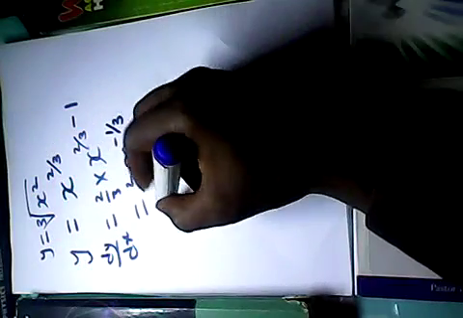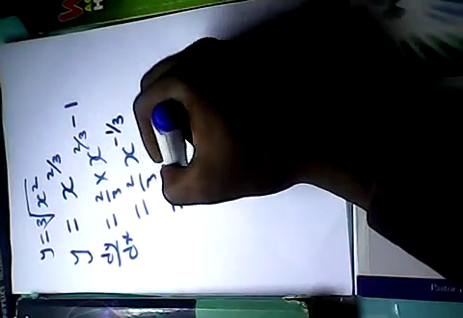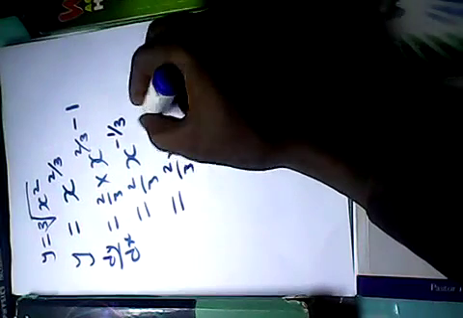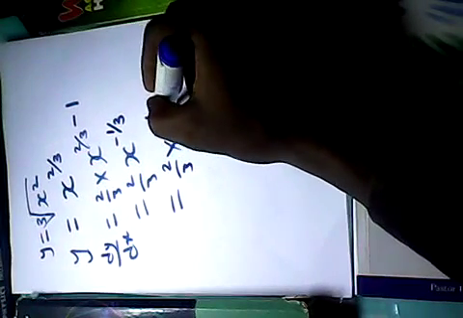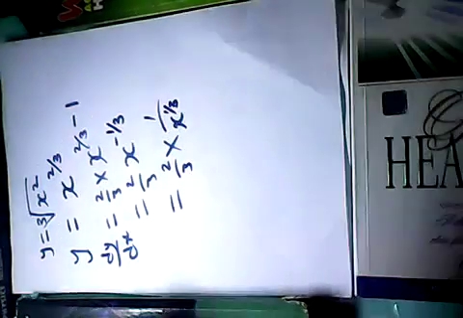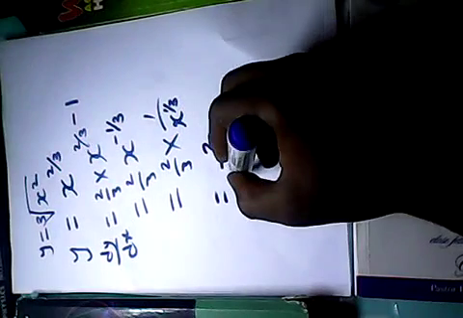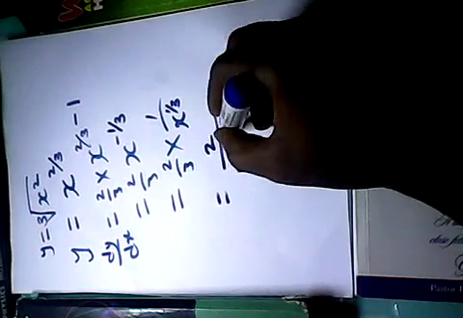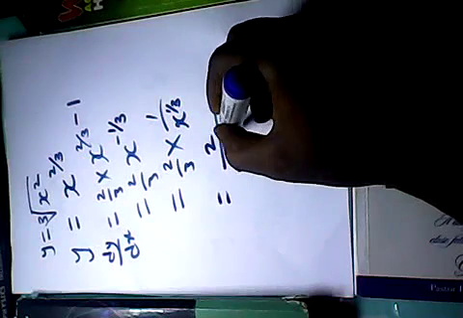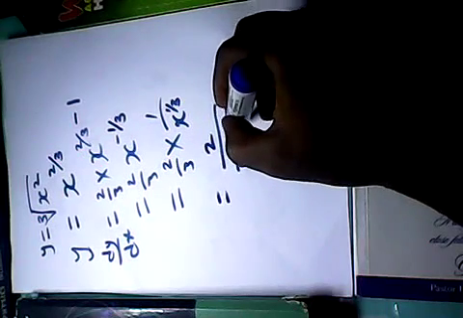This is an answer, but we may not see this in multiple choice questions, so we have to go ahead and further simplify it. So we're going to have 2 over 3 times 1 over x raised to 1 over 3. That is the law of indices applied. And we can finally simplify it as 2 over 3 times the cube root of x.